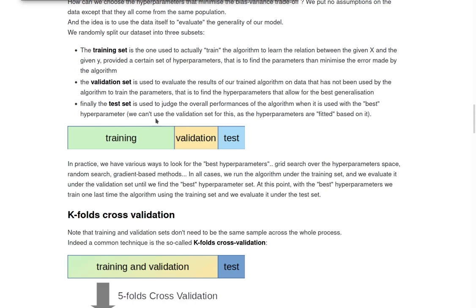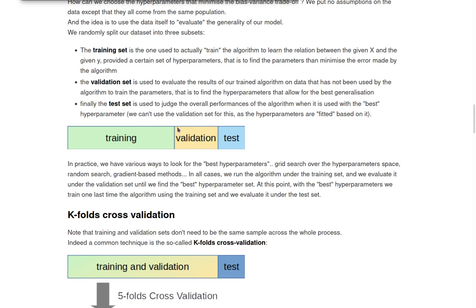So the idea is that we have some hyperparameters. With these hyperparameters, we feed the training set with the training data. The training step will find the parameters, and with these parameters we work on the validation set and find how good the algorithm is with data that has not been used for training.